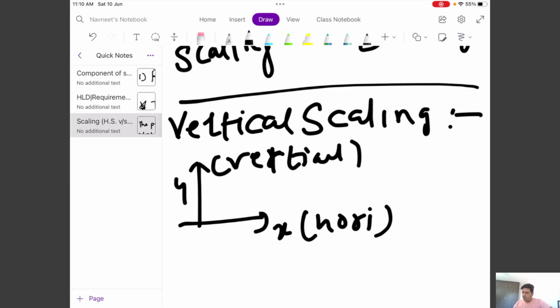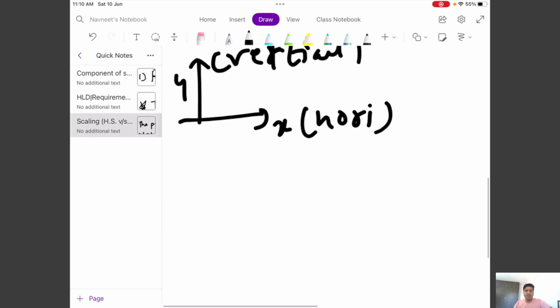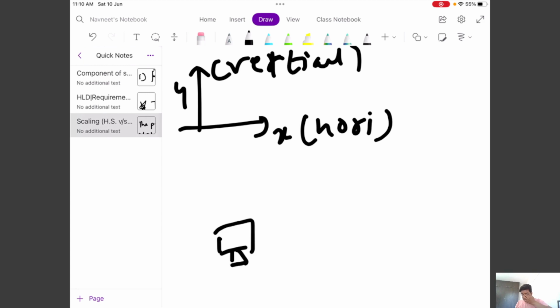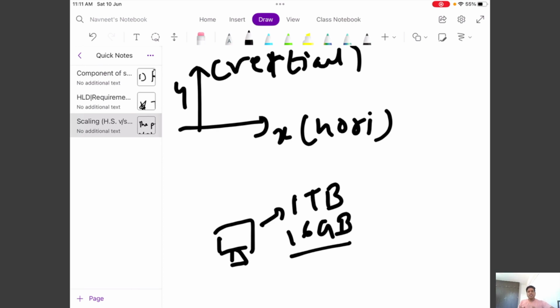When we talk about vertical scaling, what exactly are we trying to do? Suppose you have some kind of system which has a hard disk of 1 terabyte and 16 GB RAM. If you want to increase that using the vertical scaling concept, you just increase the capacity of this single system.